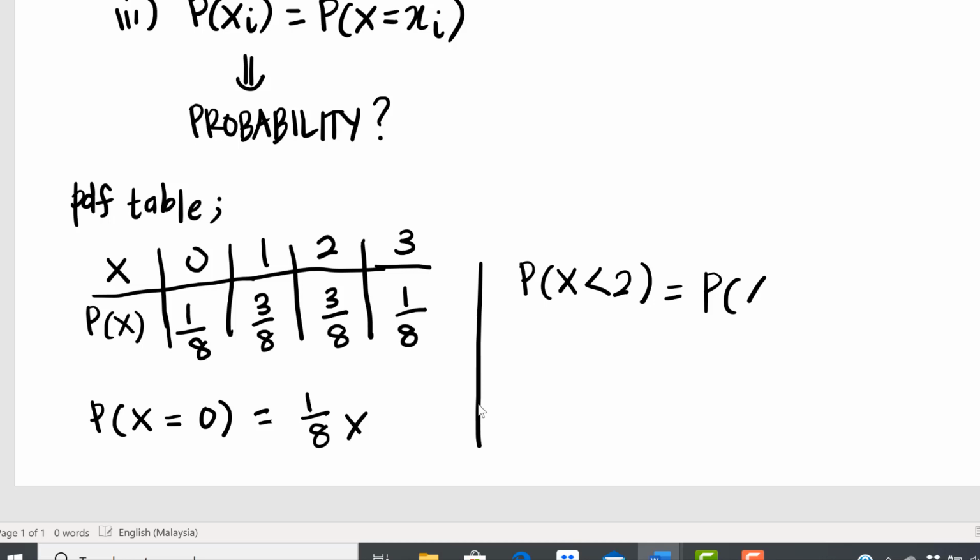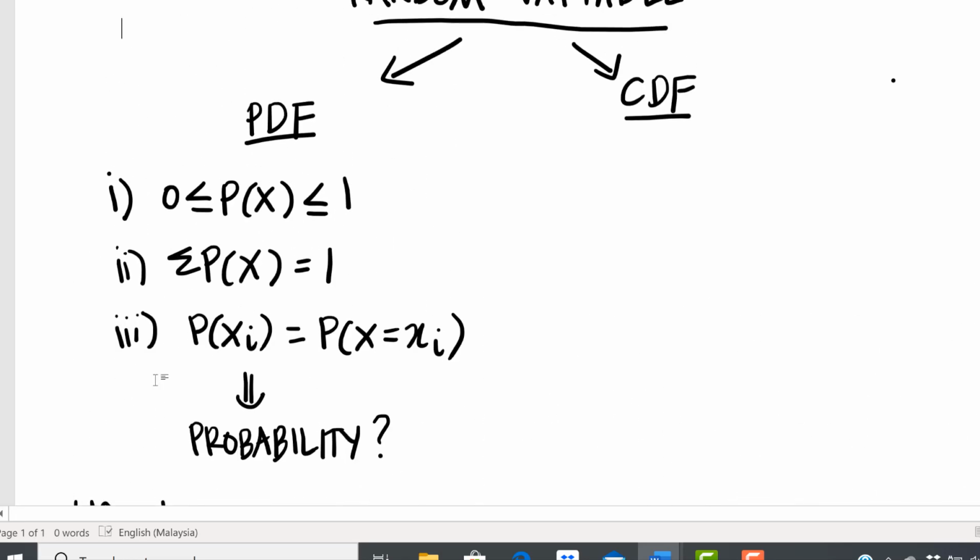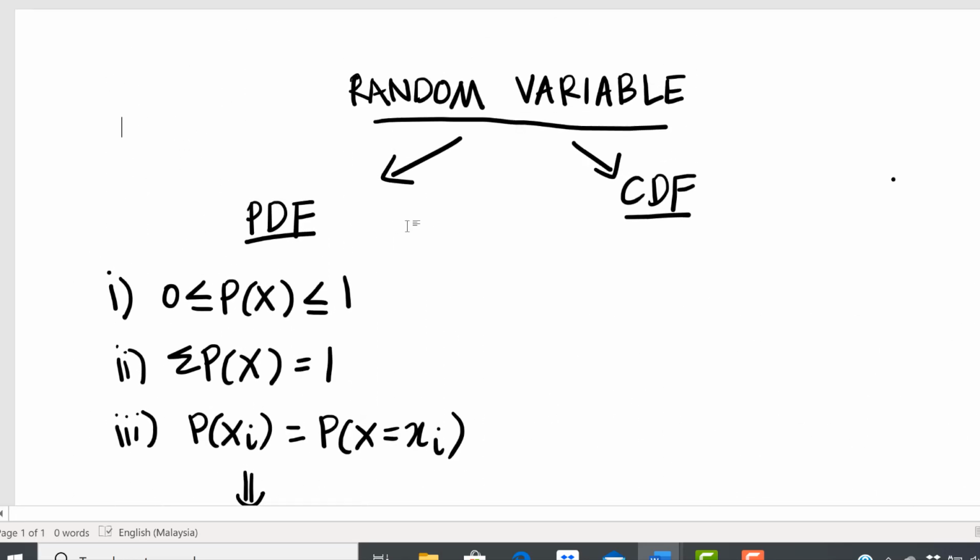So the probability is x equal to 0 plus x equal to 1. When x equal to 0, the probability is 1 over 8, and when x equal to 1 it is 3 over 8. So you get 4 over 8 or 1 over 2. So this is all about the PDF, the probability distribution function.